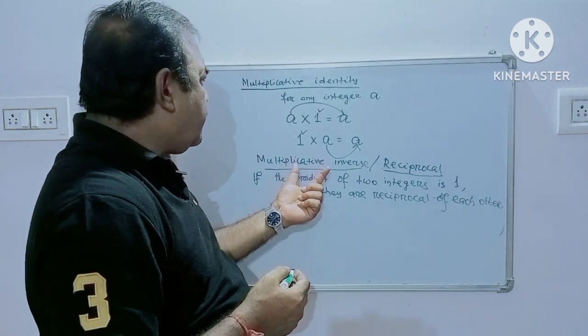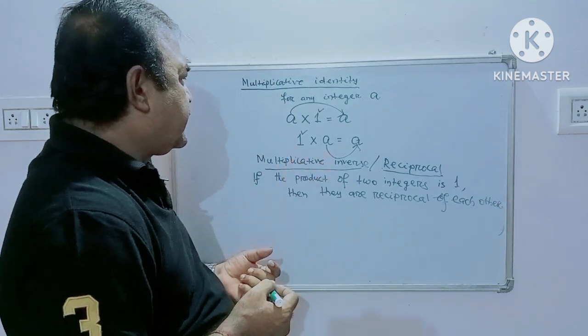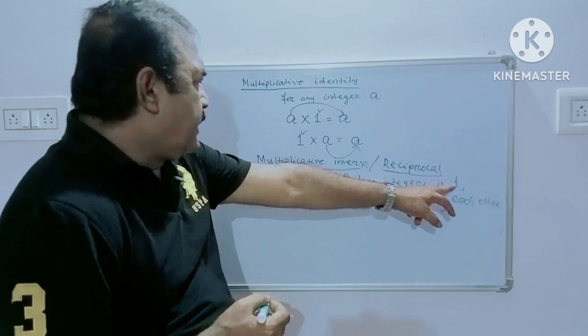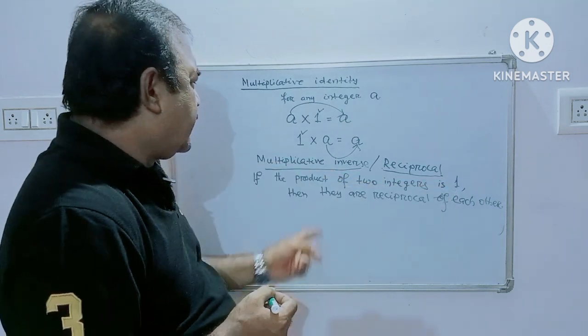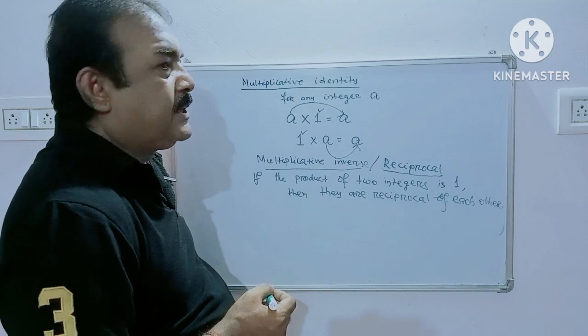So the product of two integers, if this be 1, then they are reciprocal of each other.